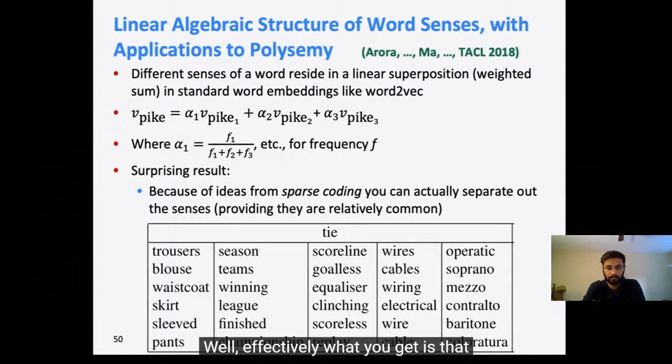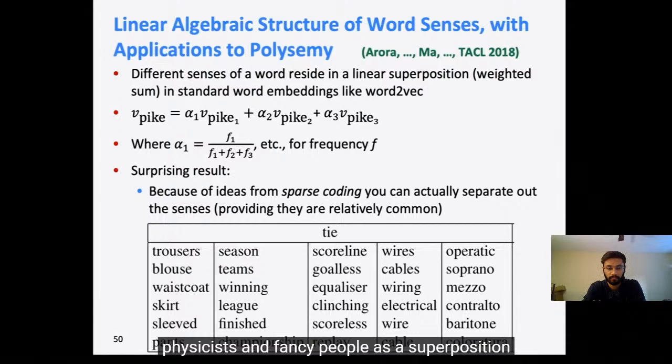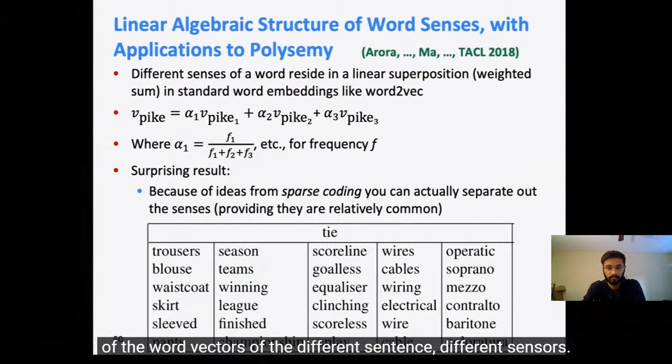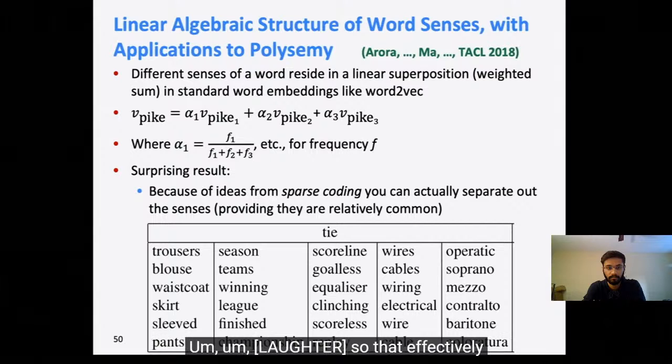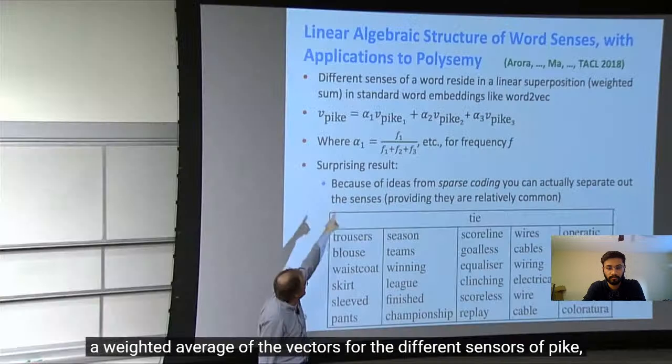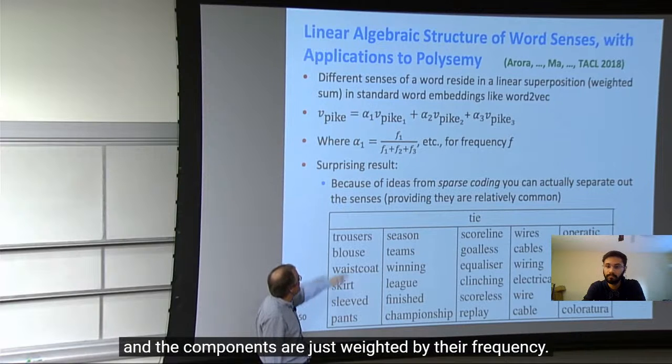Well, effectively what you get is that the word vector that you learn is what's referred to by physicists and fancy people as a superposition of the word vectors of the different senses, where superposition just means a weighted average. So effectively my meaning of pike is a weighted average of the vectors for the different senses of pike, and the components are just weighted by their frequency.